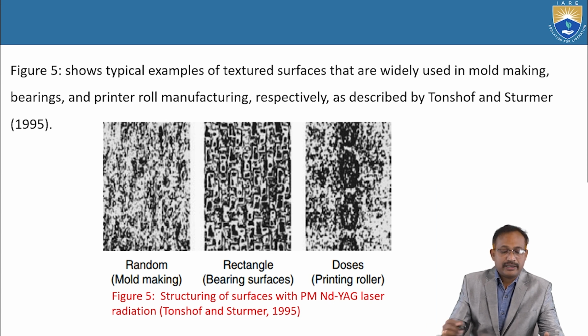Here three patterns are there: random, rectangle, and dots. Random is for mold making, random and rectangle for bearing surfaces, and dots for printer rollers. This is the structuring of surfaces with laser radiation, as given by Tonshoff and Sturmer in 1995.